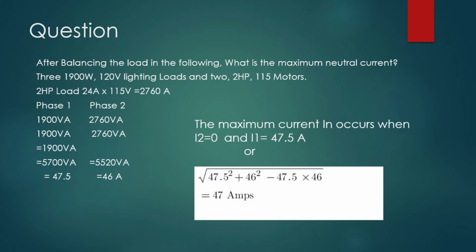And it can also be calculated using the formula that was given earlier, where we take the neutral to be equal to the root of L1 squared plus L2 squared minus L1 times L2. If we plug in these values, we also get roughly 47 amps.